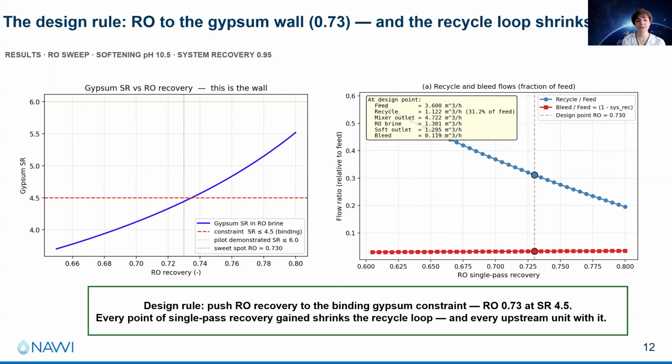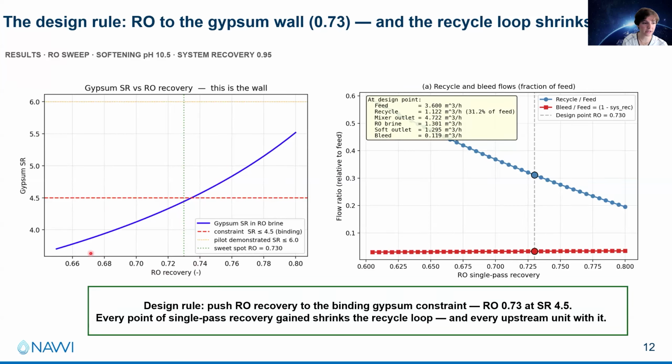So we were left with the scaling constraint for gypsum, and based on industry guidance, the goal was to push your RO recovery as high as possible while meeting the gypsum scaling constraint.